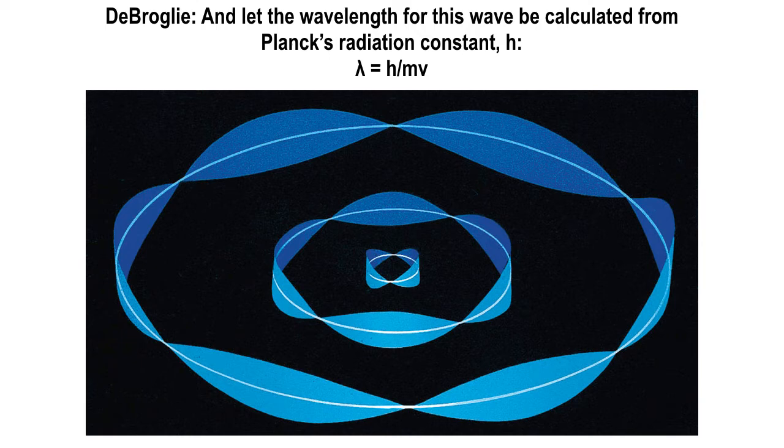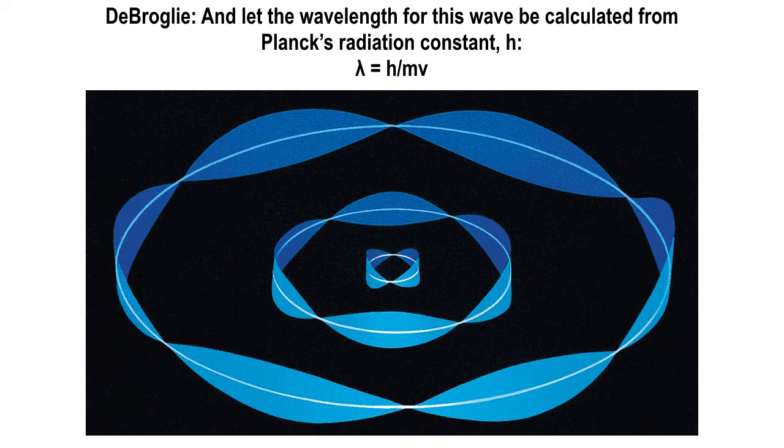Planck wasn't thinking about waves. He was thinking about black body radiation, and he nailed it. But it just so happens that this also controls the wave theory of hydrogen and every other atom.